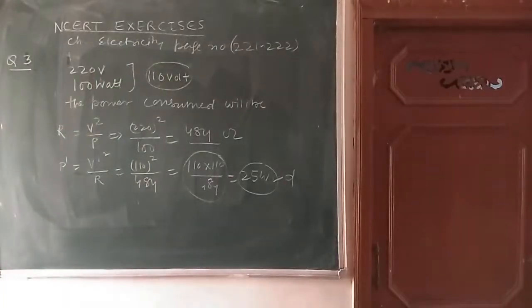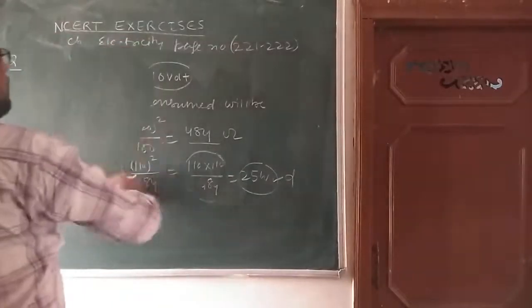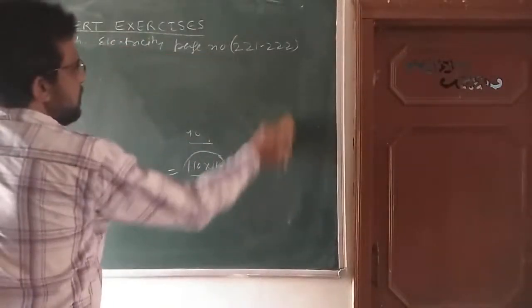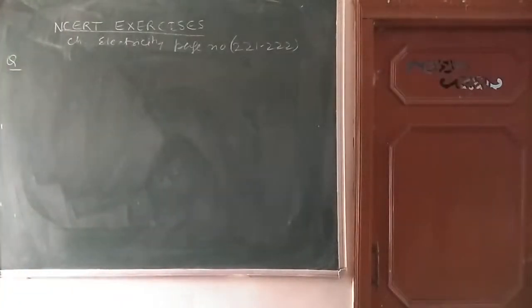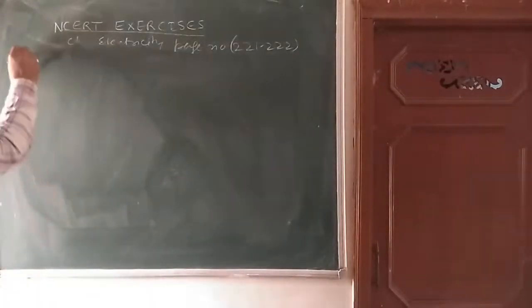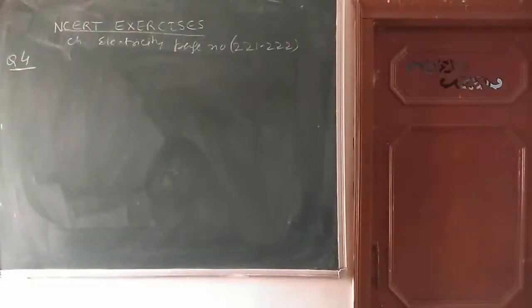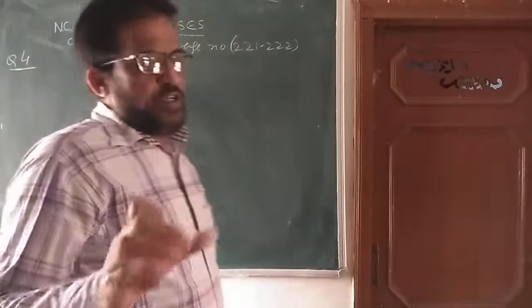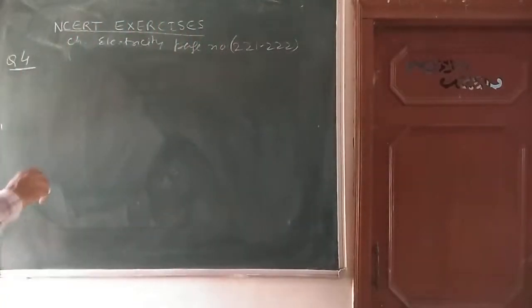Now we take one more question here. If you know the formula, then all the questions are very easy. See question number 4 of the same exercise. Read the question. See your NCERT textbook.